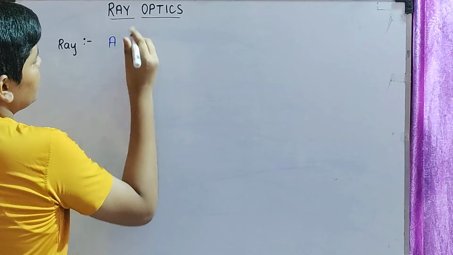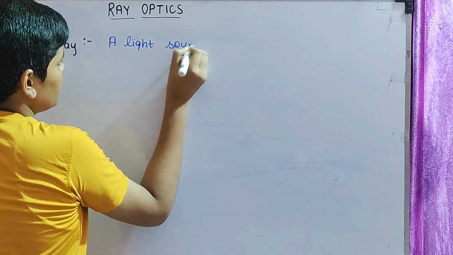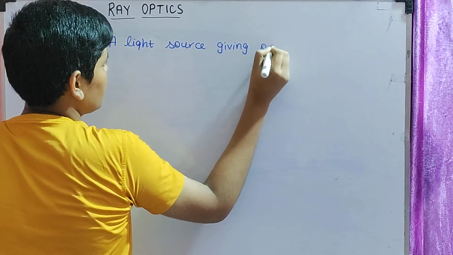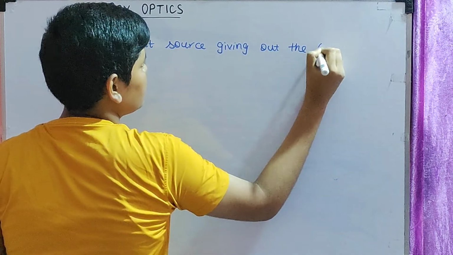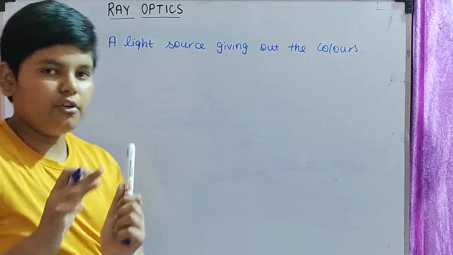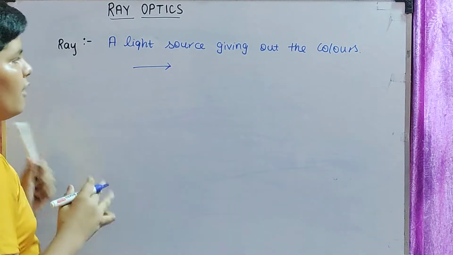Like a light source giving out the colors, we can say a ray of light. A ray of light means we can say like this. This is the ray of light.